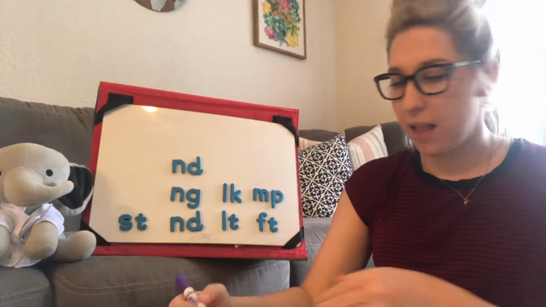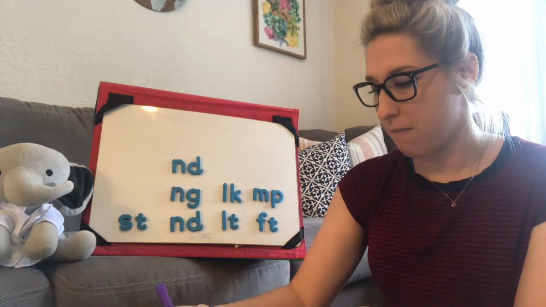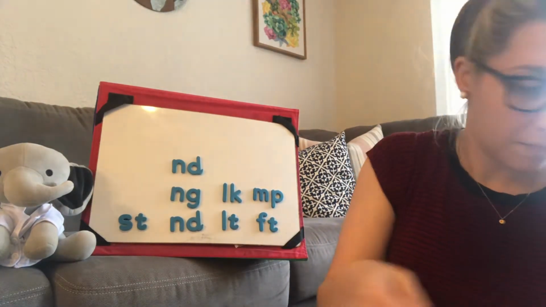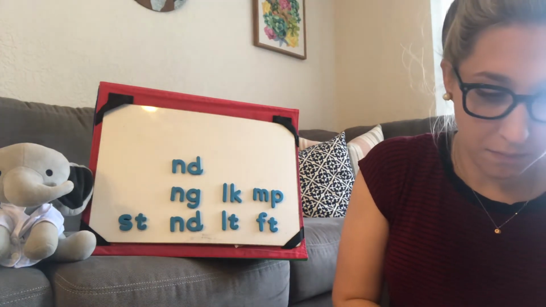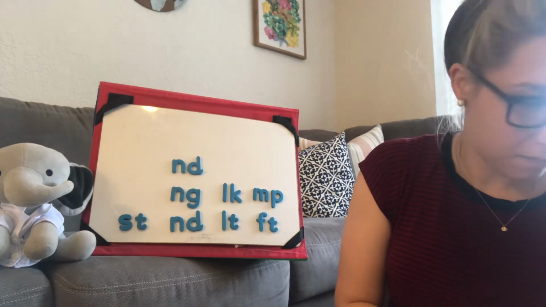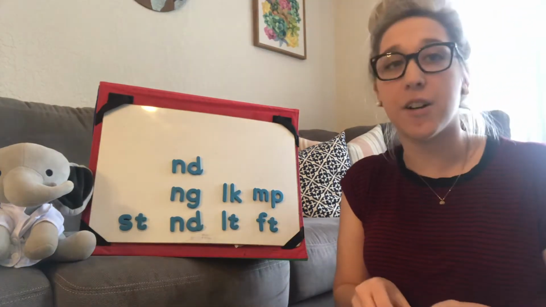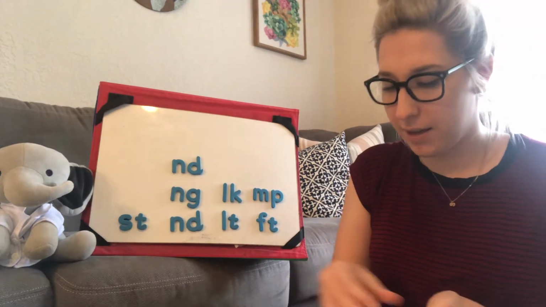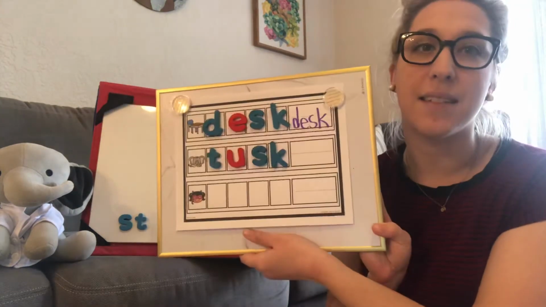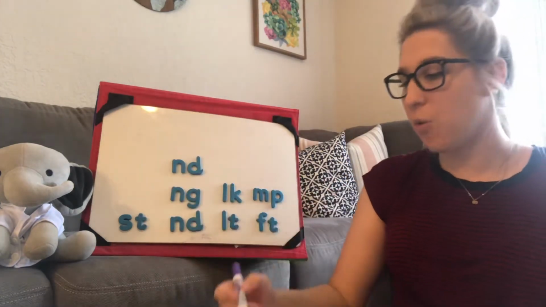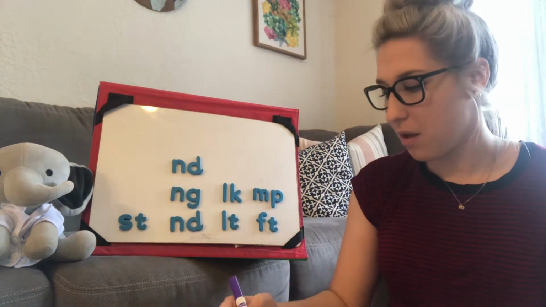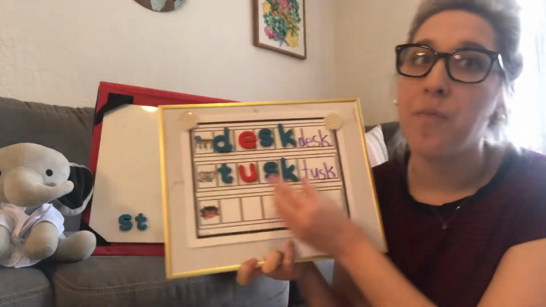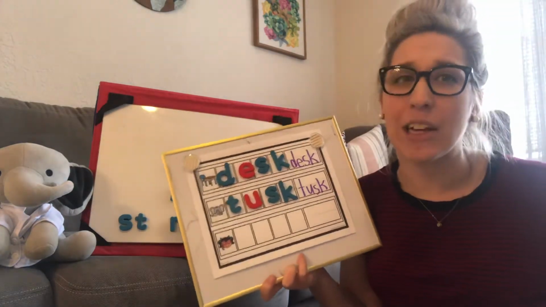Can you try to spell tusk? Very good. Our first sound is T, then U, S, K. Tusk. What you'll see with having these blends at the end is that we still have to really think about which sound you don't hear as much.